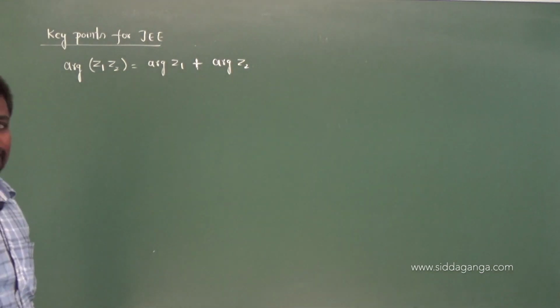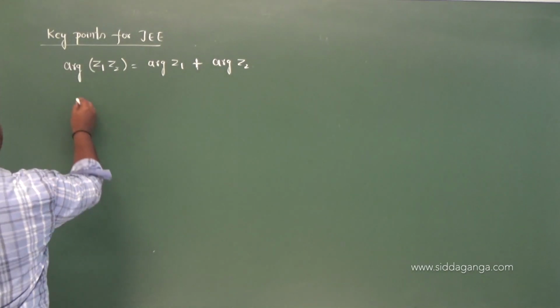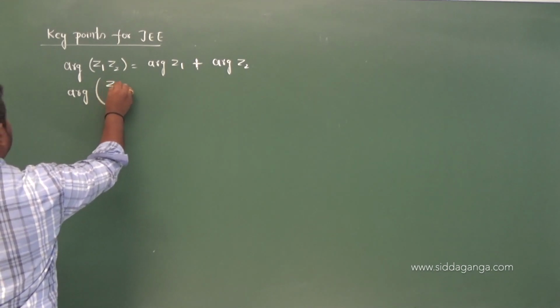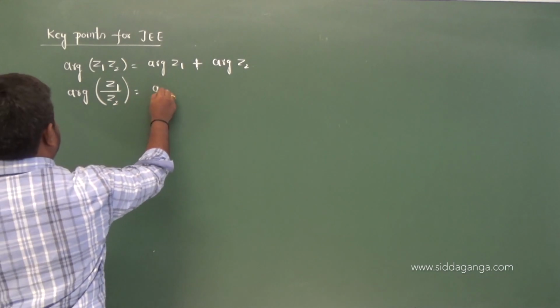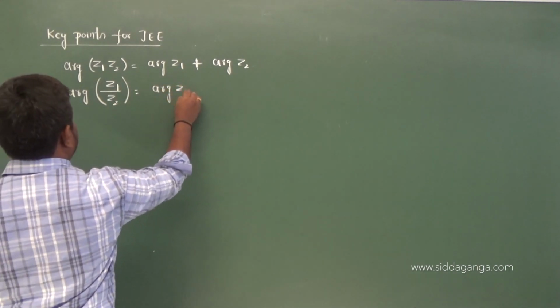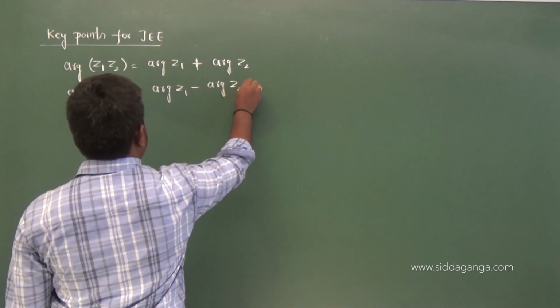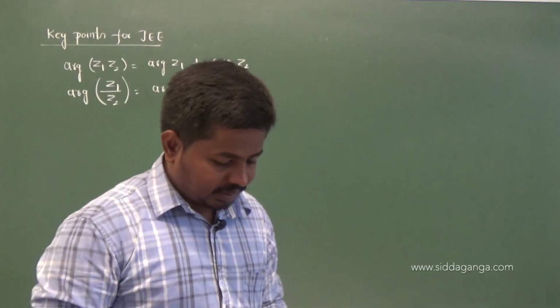Okay, so let me verify this by taking examples. Before that, let me write one more. Argument of Z1 by Z2 is equal to argument of Z1 minus argument of Z2. This is also a second property, an important one.